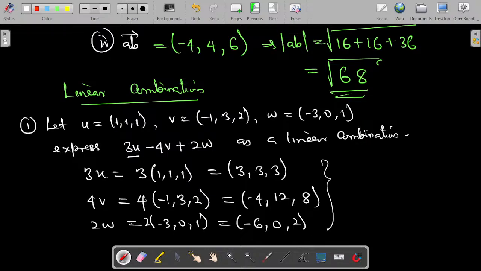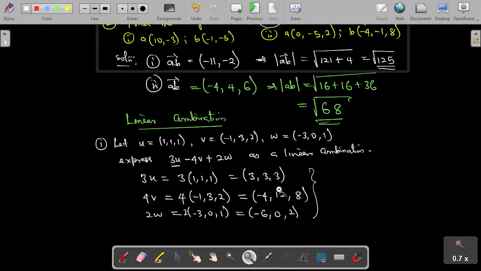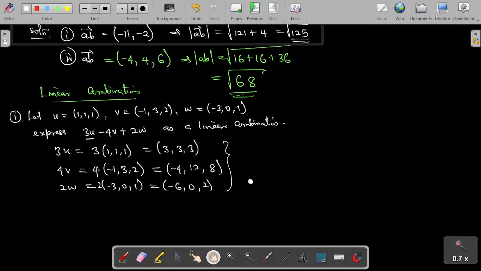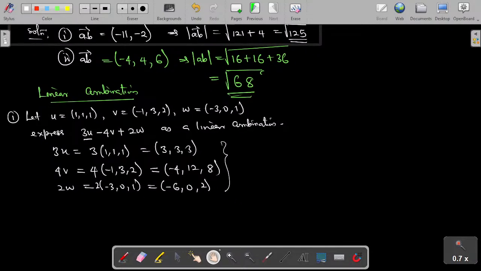So now when you join scalar multiplication and the addition and subtraction, you will now get what we call linear combination. Or you can easily just say the addition and subtraction of vectors. That's what gives us linear combination.